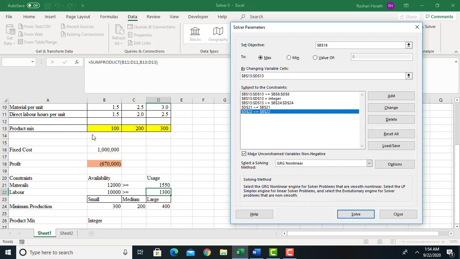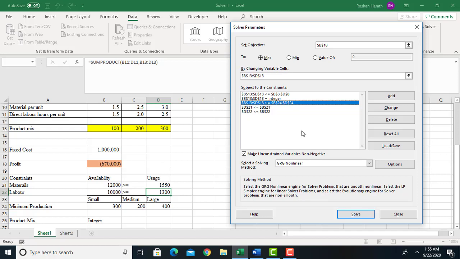Next we added that the product mix should be lower than the maximum demand, so that is the first constraint. Then we mentioned we need to fulfill the minimum production requirement. Hence, we have identified that the product mix is greater than or equal to the minimum product. And finally, we mentioned that the product mix should consist of integer values.